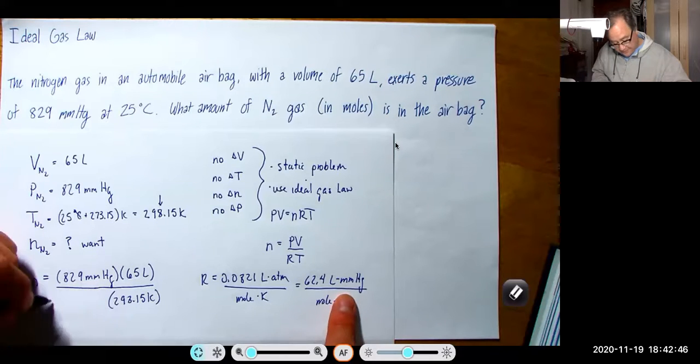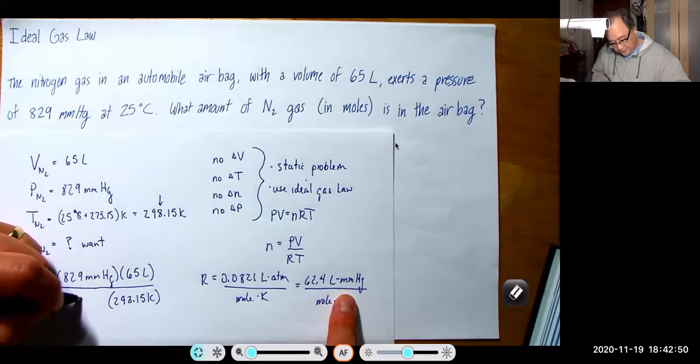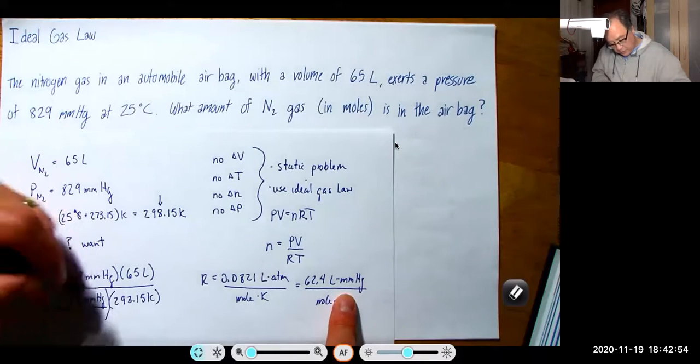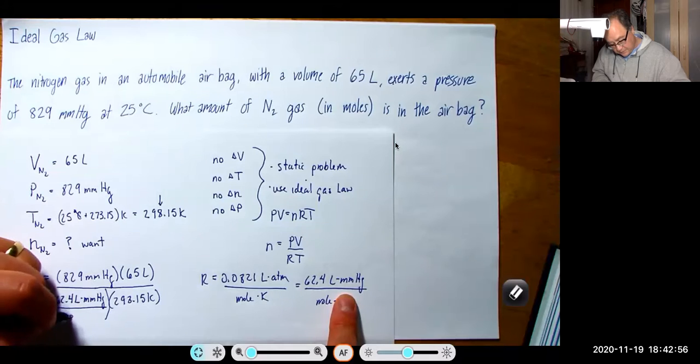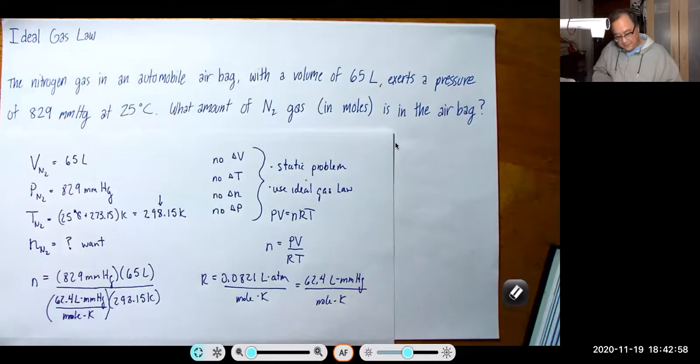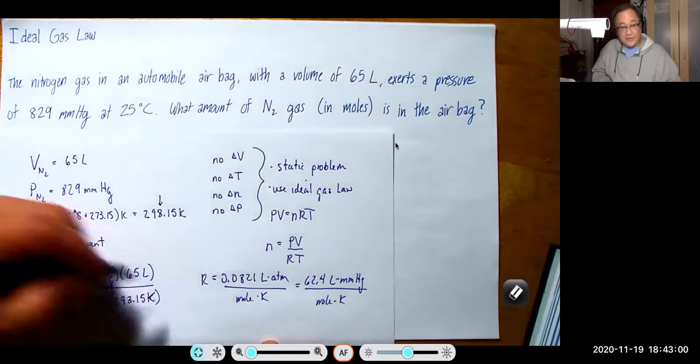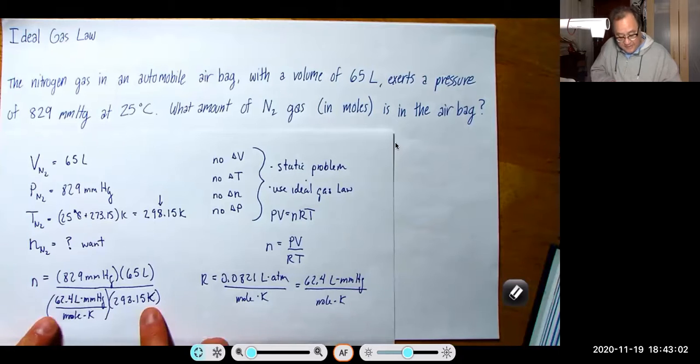So I'm going to write 62.4 liters millimeters of mercury per mole per K. And if we see what cancels here, the Kelvin cancels out, the millimeters of mercury cancels out, and let's see what else cancels out.